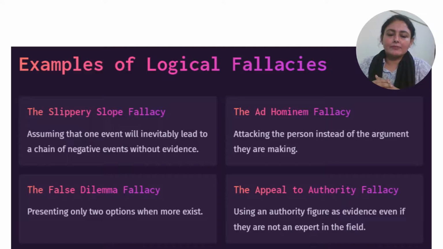Now the ad hominem fallacy is attacking the person, not the argument but the personality of the person, right? Because he is bald, he cannot be a good hairdresser. Bald people are also good hairdressers.